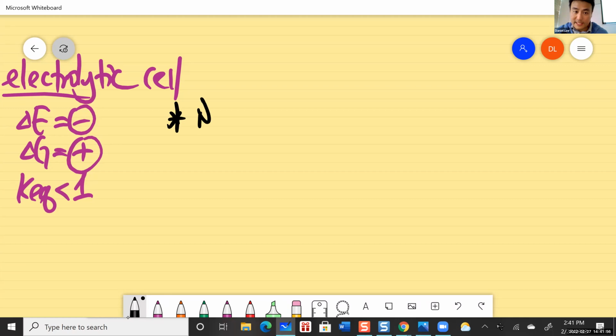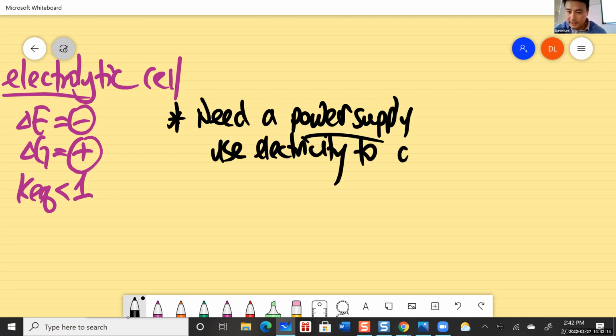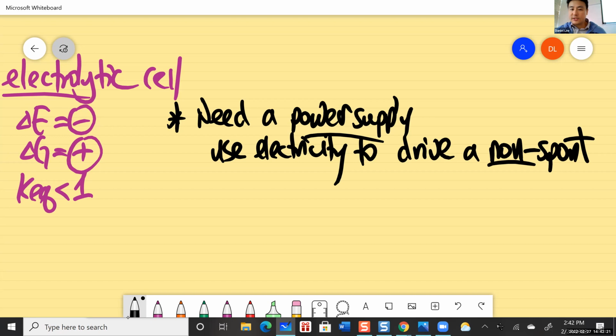This is in the galvanic. You need a power supply. They call this external battery because the power supply is the amount of electricity that must be provided to drive this non-spontaneous reaction, right? So we are using electricity to push a non-spontaneous reaction, to make a non-spontaneous reaction spontaneous, yeah? That is the whole point, okay?